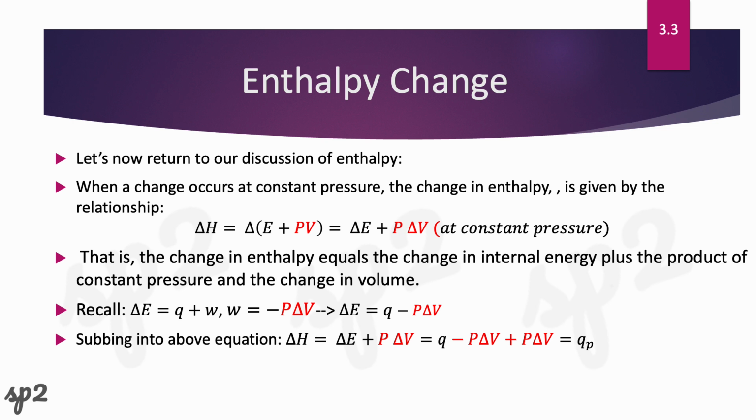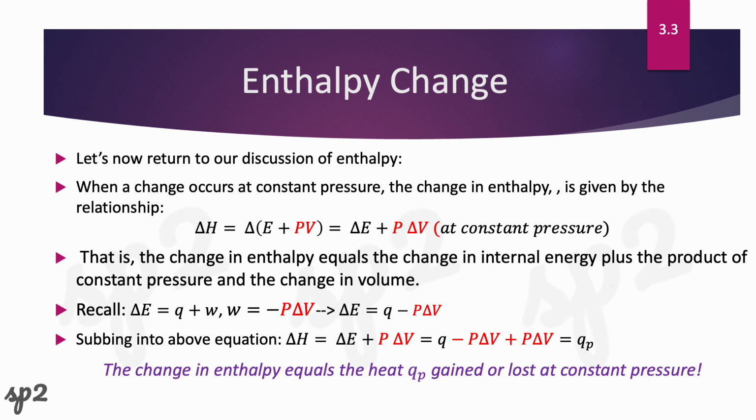You have negative P delta V plus P delta V, so they can cancel each other out. All I have at the end is just my heat. So I can say the change in the enthalpy equals the heat gained or lost at constant pressure. That's a very good point to always keep in mind when you are looking at the change in the enthalpy of our reactions. Okay, perfect. Look at the next slide.